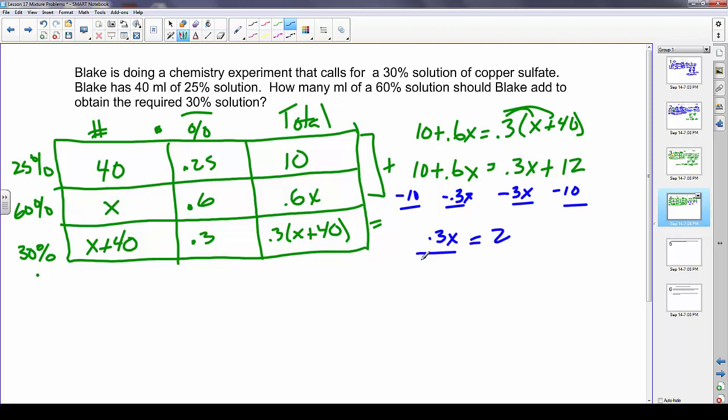Going to divide both sides by 0.3, and 2 divided by 0.3 is equal to 6 2/3, which is equal to x, and 6 2/3 corresponds to the x value, so that's the 60% solution. We're working in milliliters. So what I'm doing is adding 6 2/3 milliliters of a 60% solution.